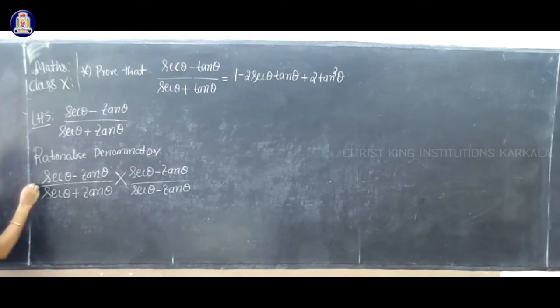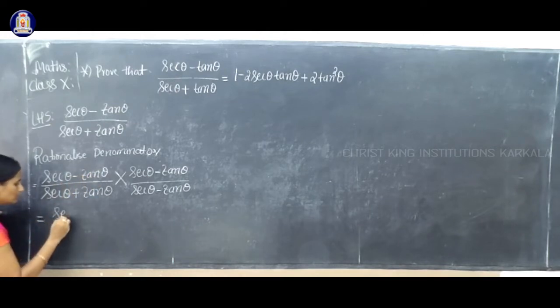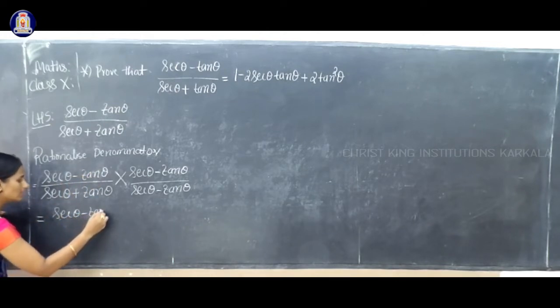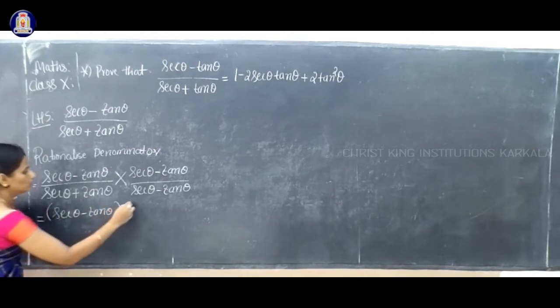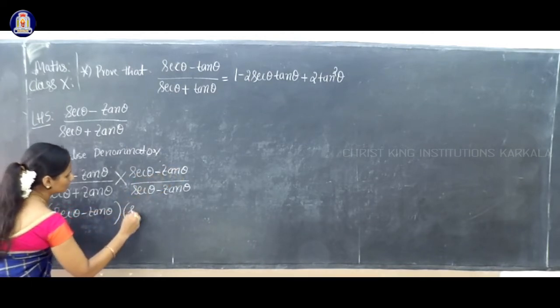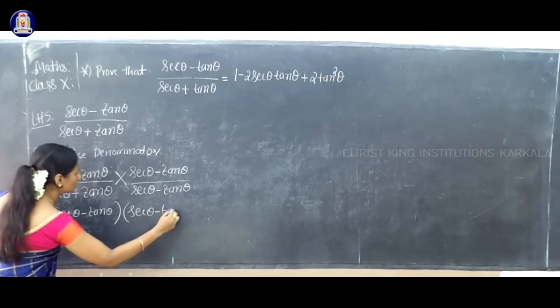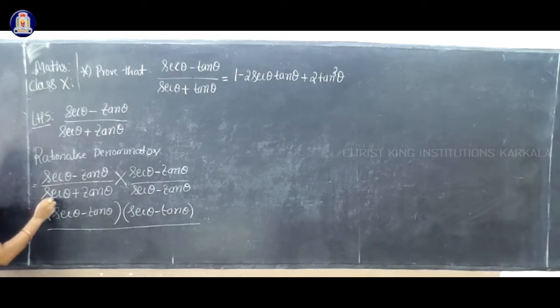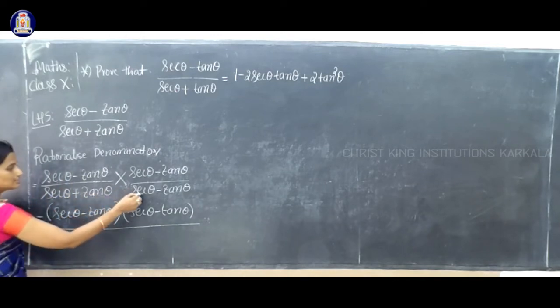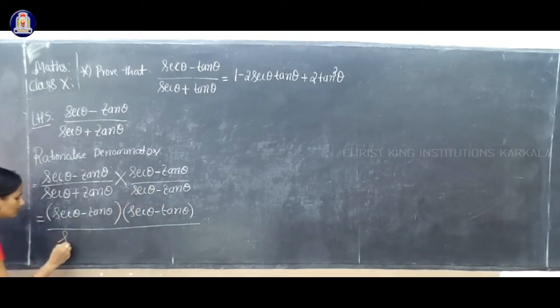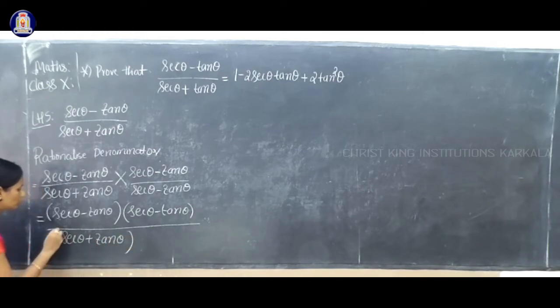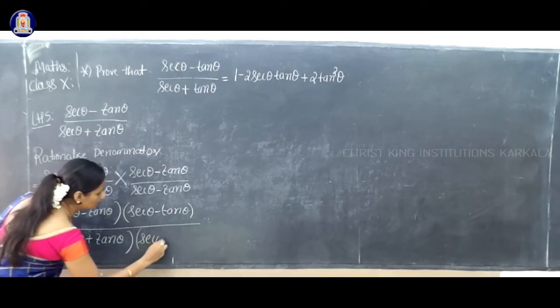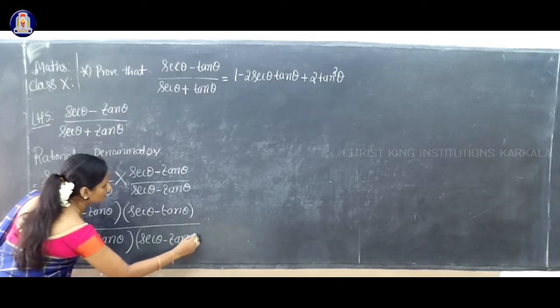So now that is equal to (secant theta minus tan theta) into (secant theta minus tan theta) divided by (secant theta plus tan theta) into (secant theta minus tan theta), right?